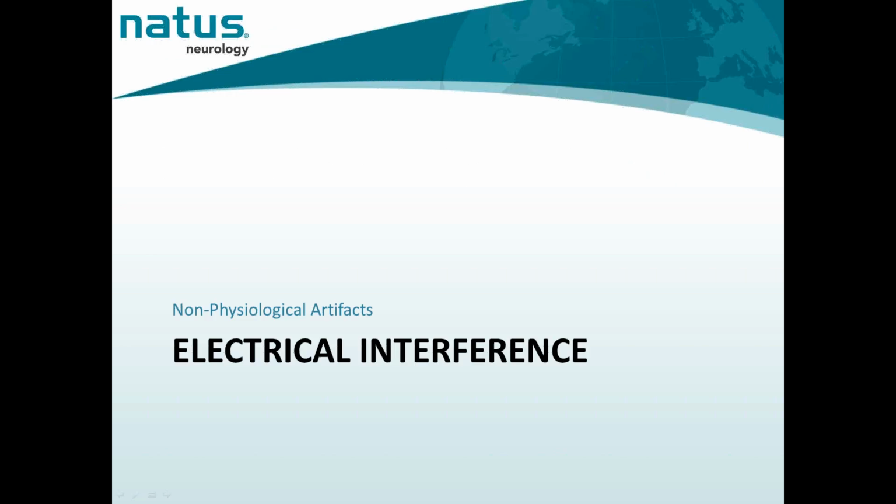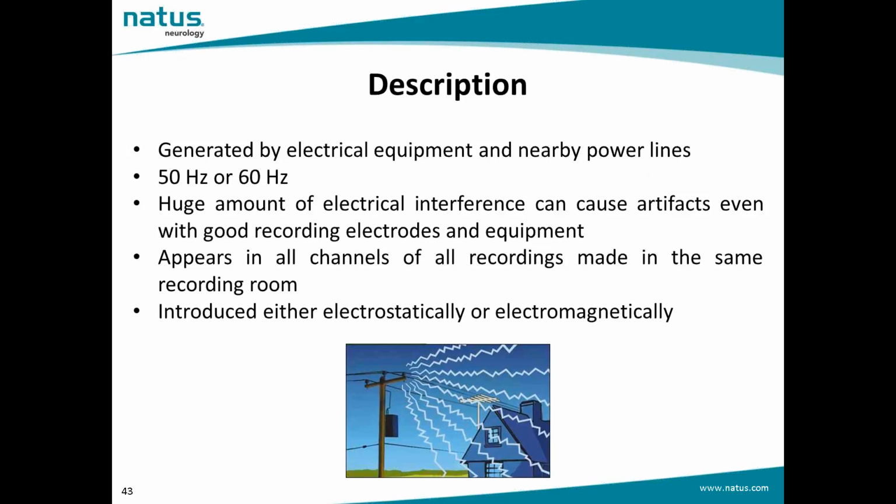One of the most important types of artifact that affects the EEG recording is generated by electrical interferences. The artifact is due to the electrical interference generated by electrical equipment and nearby power lines.